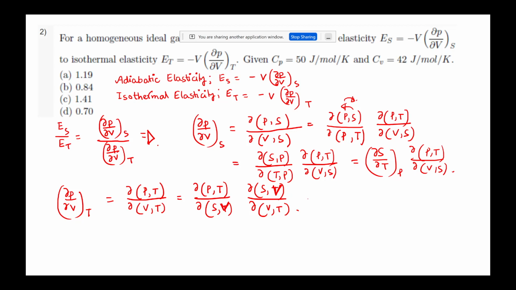Now this will be SV, VT. So there is one PT, VS, so I will change the ordering of these two things.